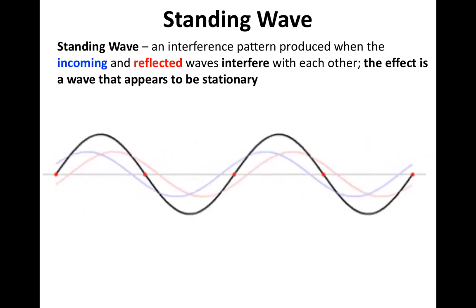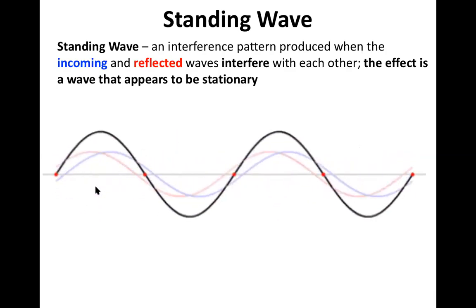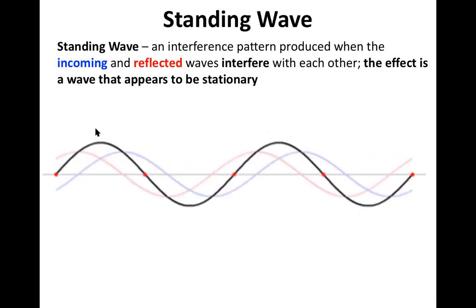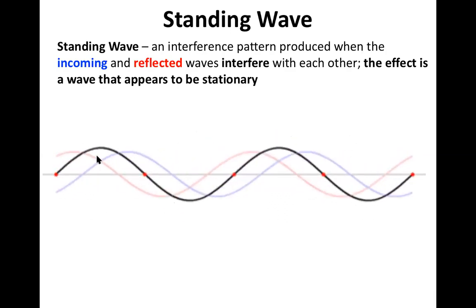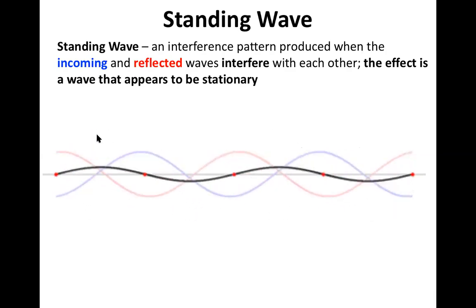If you take a look at this black wave, when crest and crest line up, do you see how the black wave has maybe double the amplitude? So when the black wave is at the top, amplitude red of 1, blue of 1 adds to amplitude 2.